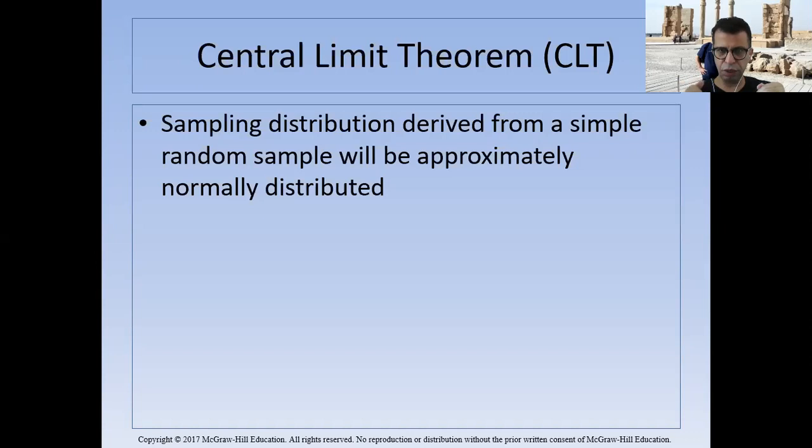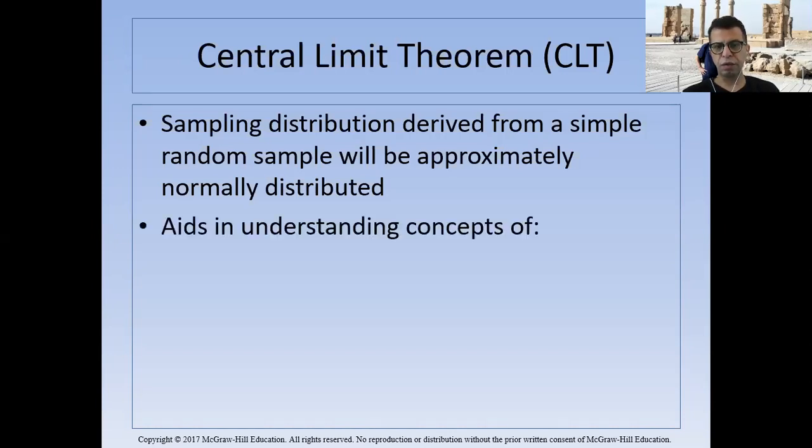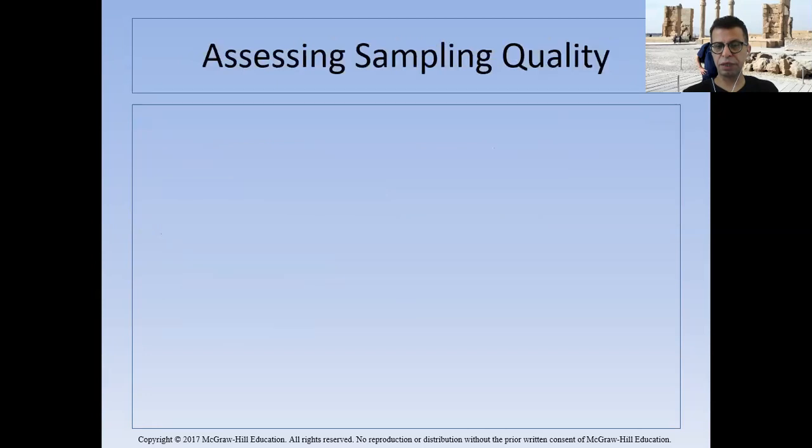This is done through the sample that we are taking, and how much this sample really represents the whole population that we're targeting. It helps us understand the concepts of sampling error, statistical significance, and sample size.